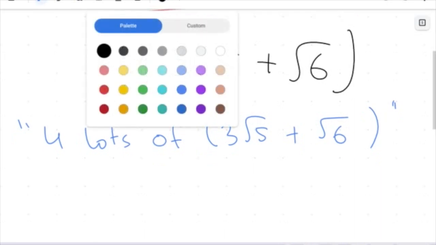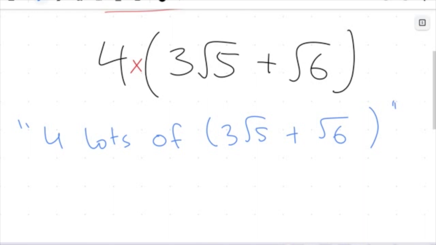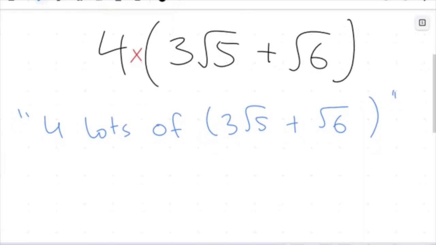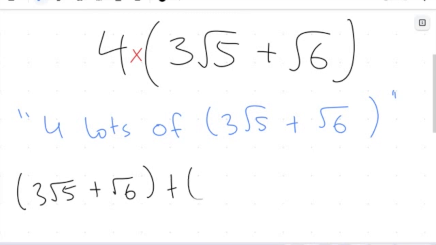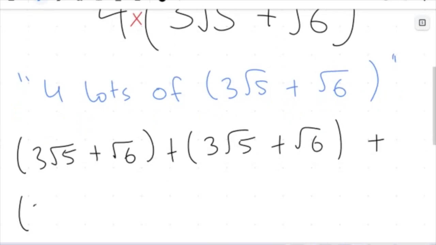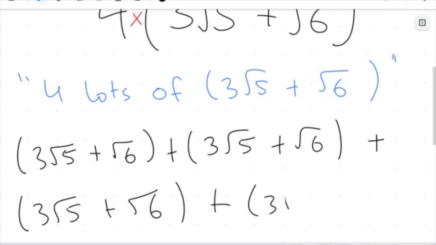So 4 outside of 3 root 5 plus root 6, or 4 lots of 3 root 5 plus root 6, is the same as going 3 root 5 plus root 6 plus 3 root 5 plus root 6 plus 3 root 5 plus root 6 plus 3 root 5 plus root 6.